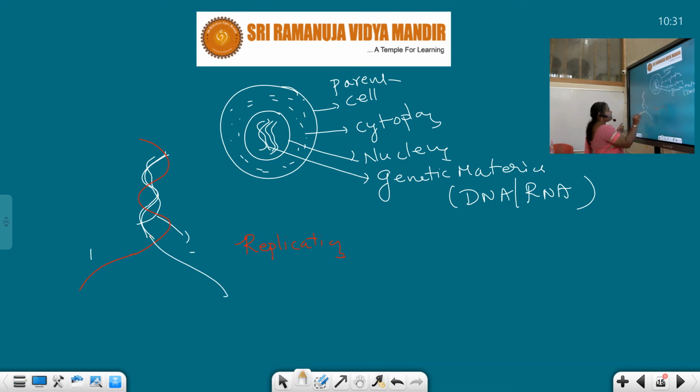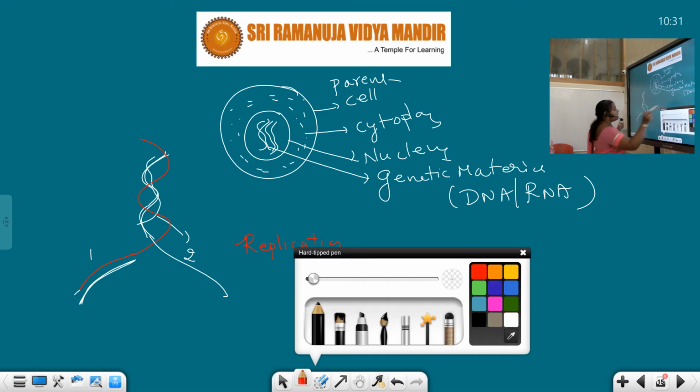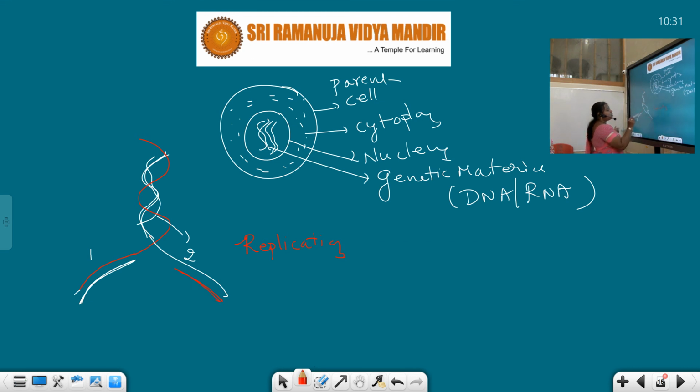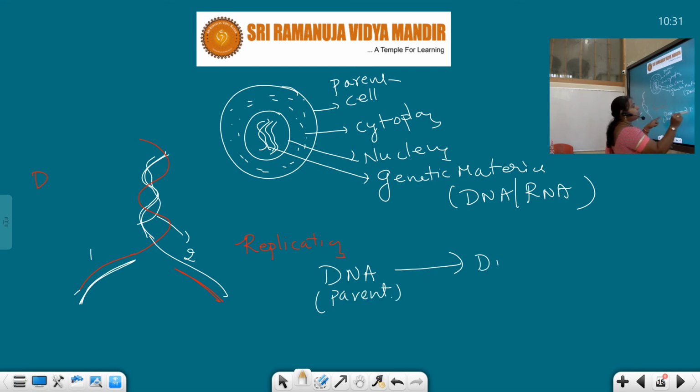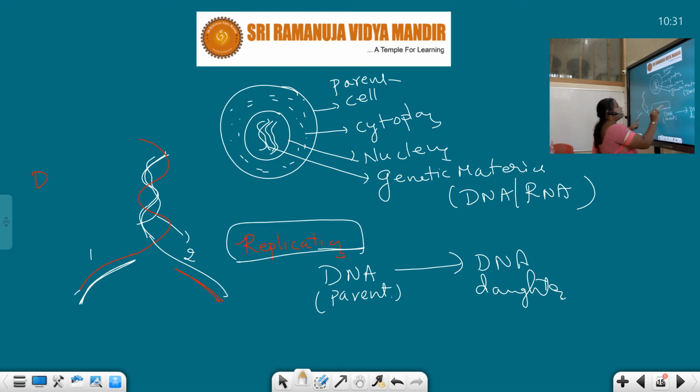This is one strand, this is the second strand, and to each it synthesizes a new daughter DNA. So the parent DNA gives the opportunity to synthesize the daughter DNA. This process is known as replication.